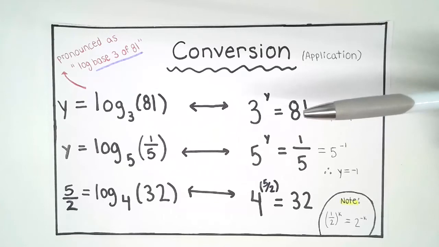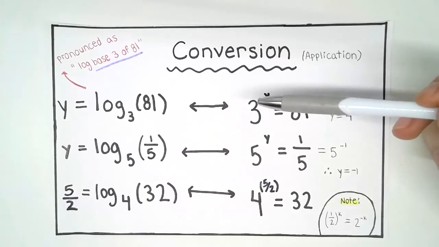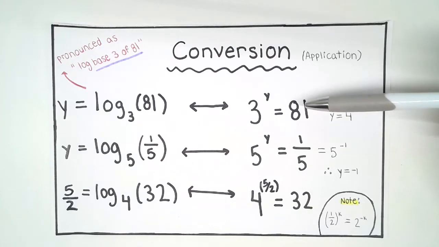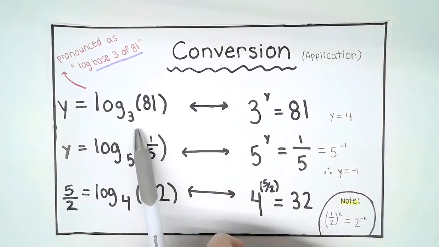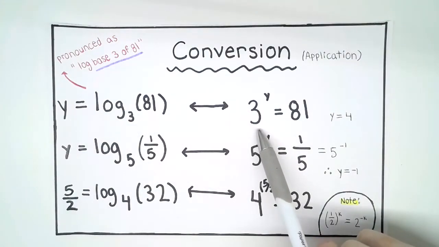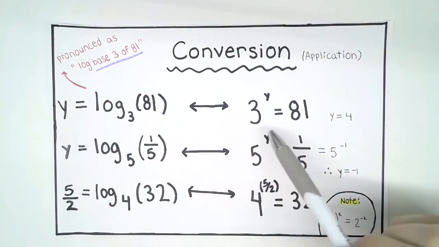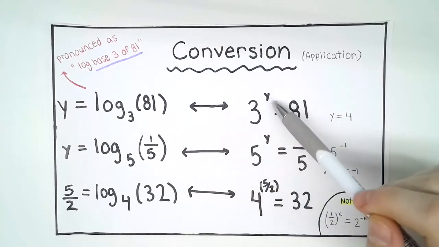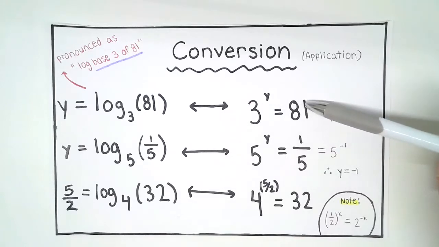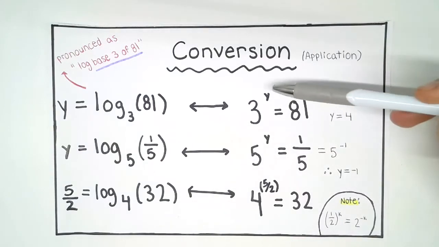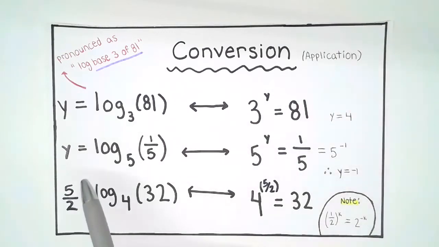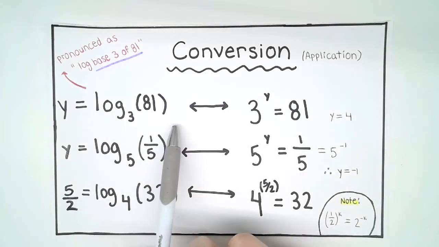If you remember, that would be x equals a to the exponent y. The base of this function is 3, and the base is always the same, as I said earlier. So 3 to the exponent, which we don't know, equals 81. That means that the exponent, or y, is 4, which also means that log base 3 of 81 is 4.